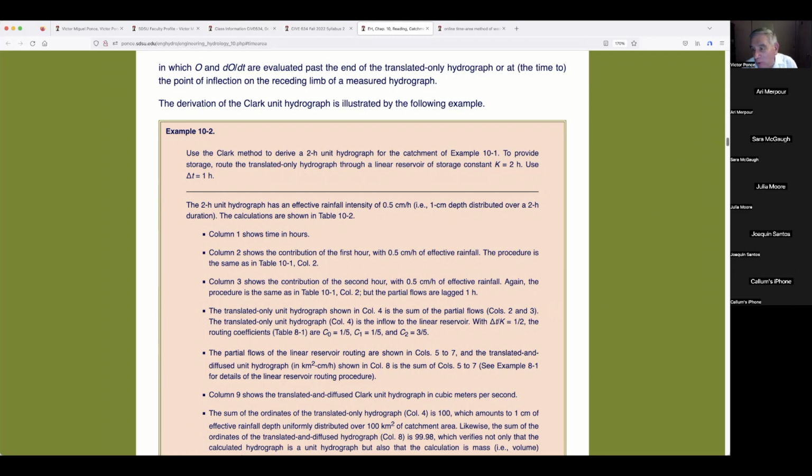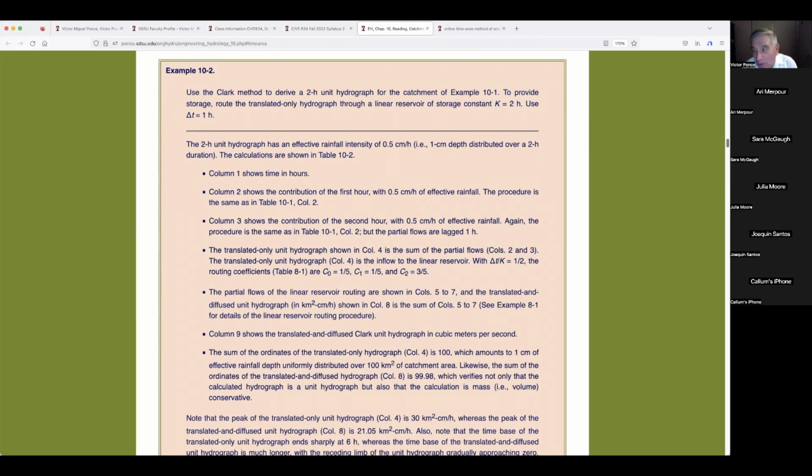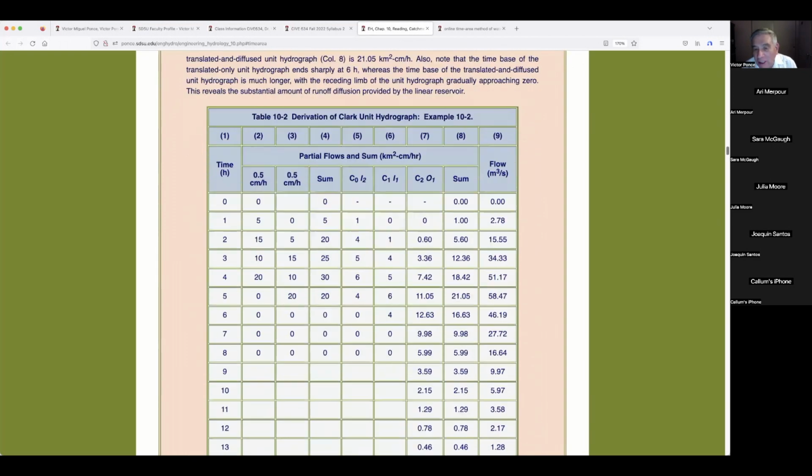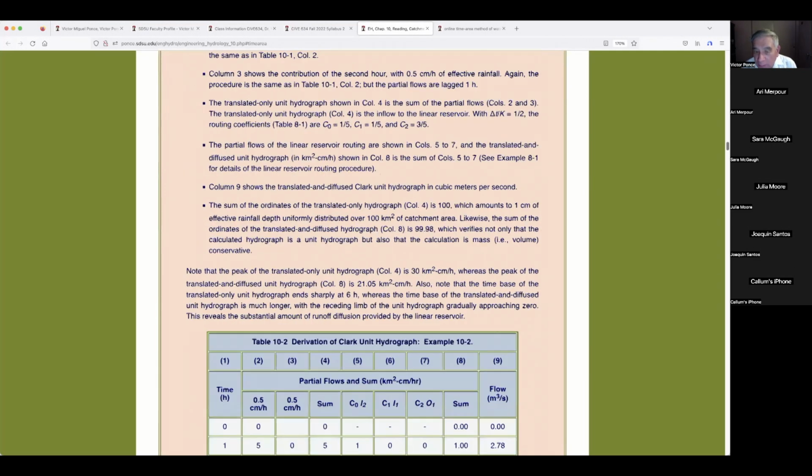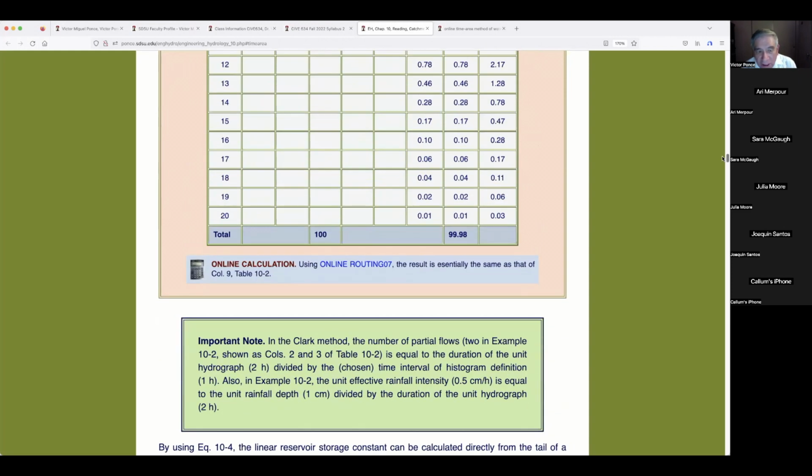The calculation will blow up. You'll realize that you have made a mistake. And if you don't know what you're doing, you wonder, where did I make a mistake? The answer is that the method cannot work with delta T over K values greater than 2. That's in chapter 8 of my book, by the way, explicitly stated that way.